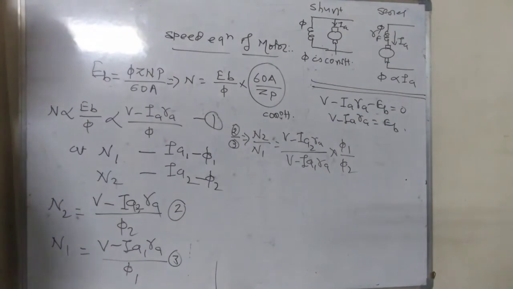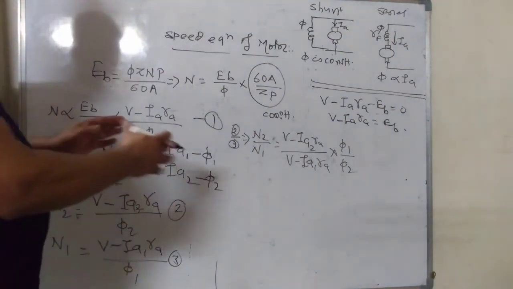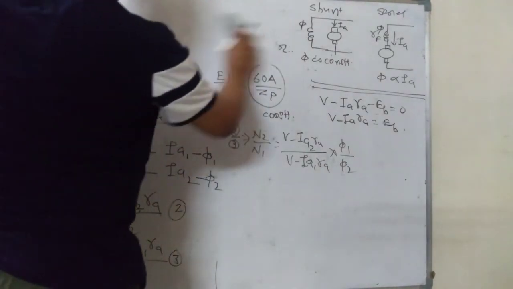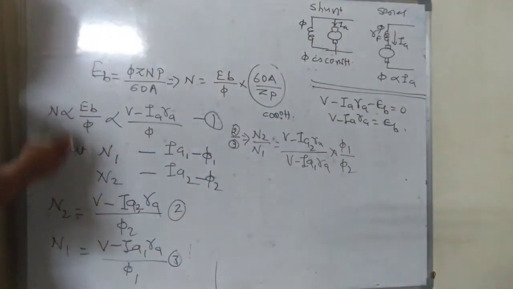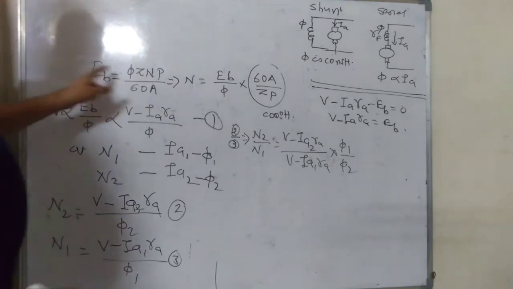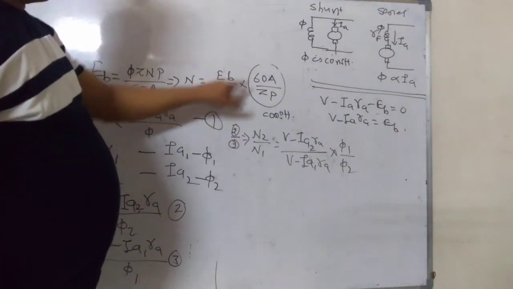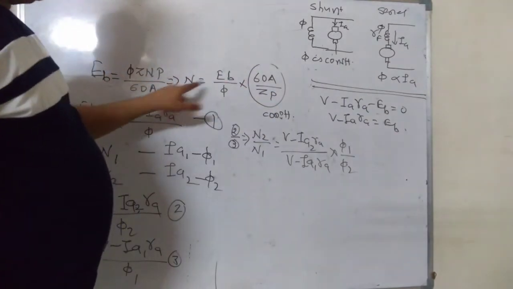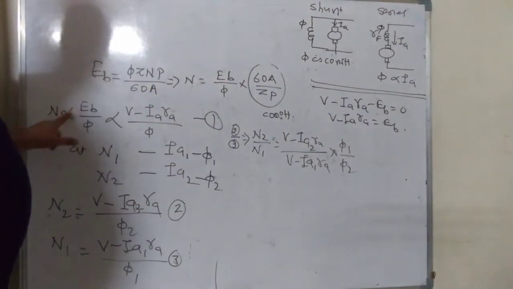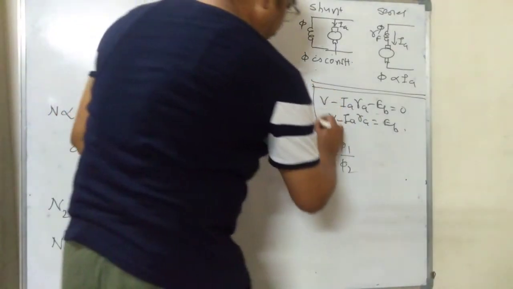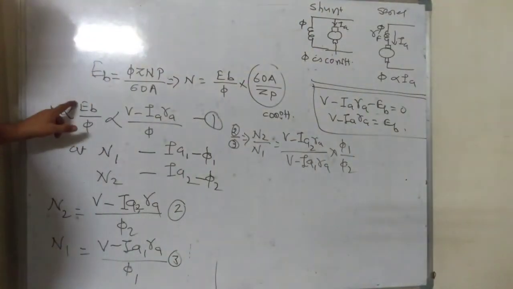Now we have to write this relation for series and shunt motors. Observe carefully what I am doing. Eb is equal to phi Z N P upon 60A; cross multiplying, we have to write the equation of speed. Since this is constant, N is proportional to Eb by phi. And Eb is equal to V minus Ia Ra, which I mentioned at the start of today's lecture. So I have put V minus Ia Ra in place of Eb.